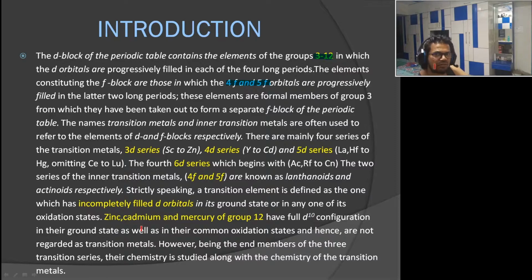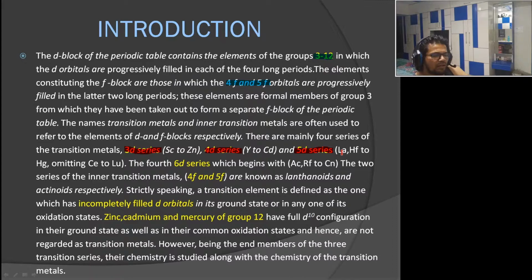Just see on the slide please, the 3d series starts from atomic number 21, that is scandium, to atomic number 30, that is zinc. Then we have the 4d series, yttrium 39 to cadmium 48. Then we have the 5d series, where the first is La, lanthanum, atomic number 57.